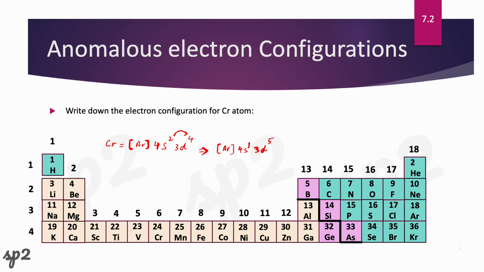Okay, so we call that a half-filled subshell, which is a lot more stable, and naturally you're going to see chromium in this form. So the final answer for chromium would be this configuration here, right? This is not existing. We're not going to have 4s2 3d4. Okay.